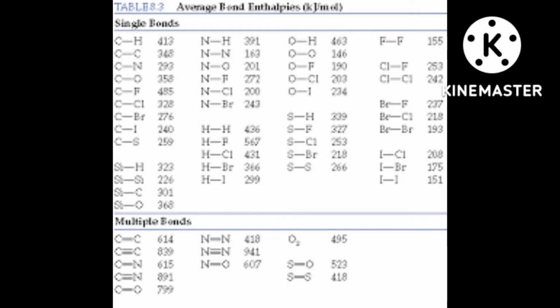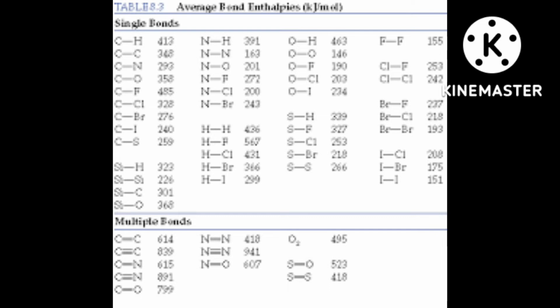H2 gives 2H, and delta H equals 435.0 kilojoule per mole. Already I have told you during atomization, the same thing is here.